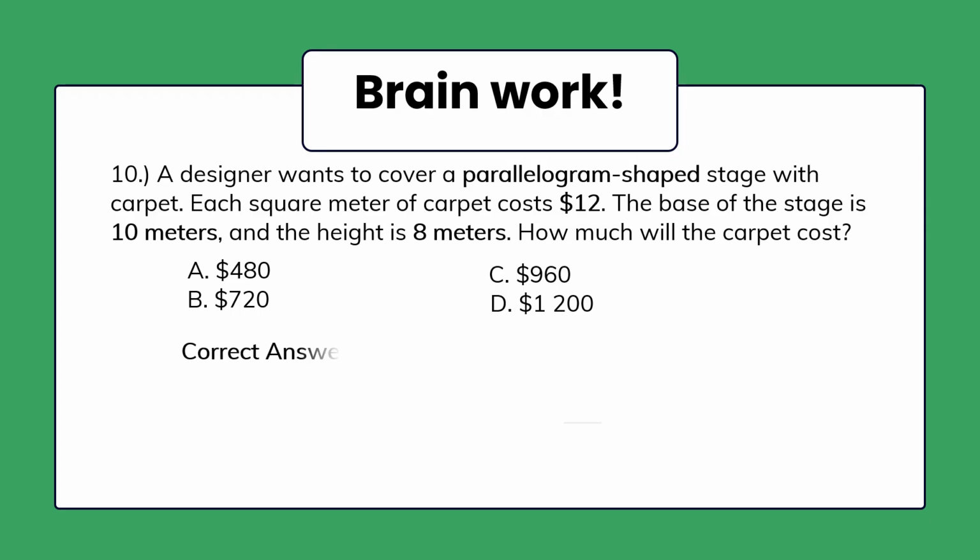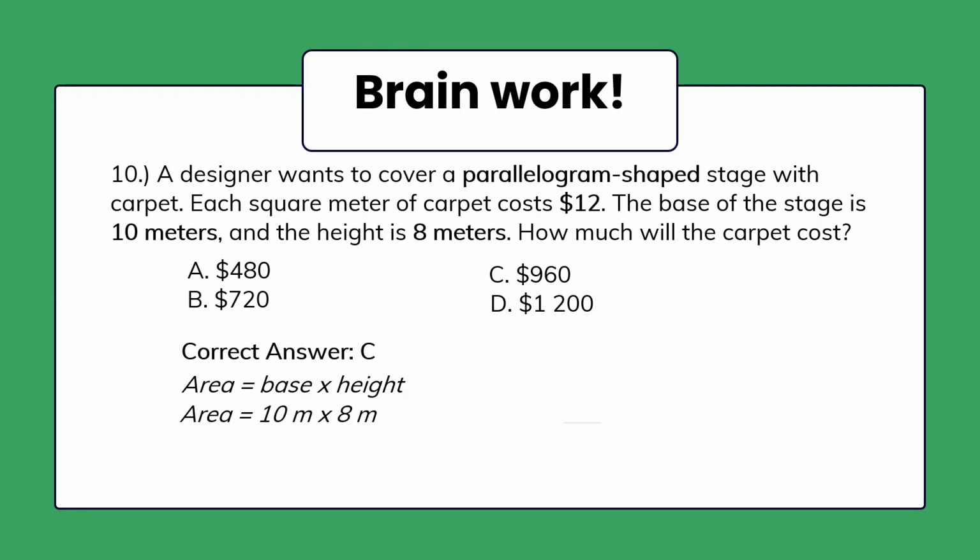Alright, the correct answer is letter C, $960. How do we get $960? Alright, first we're going to get the area of a parallelogram, which is base times height. So, the base is equal to 10 meters and the height is 8 meters.